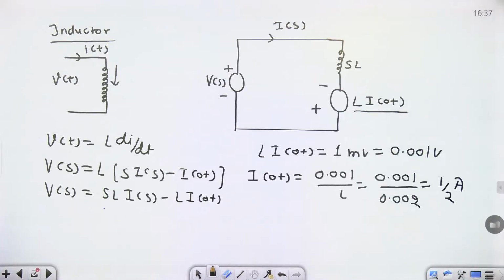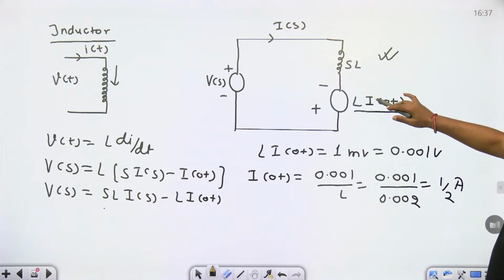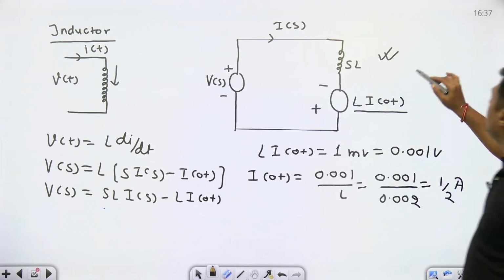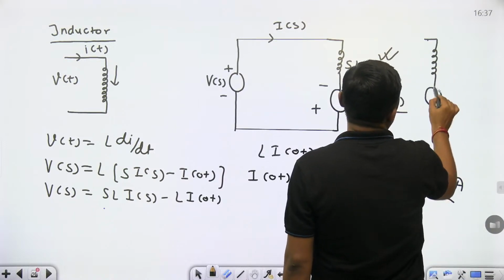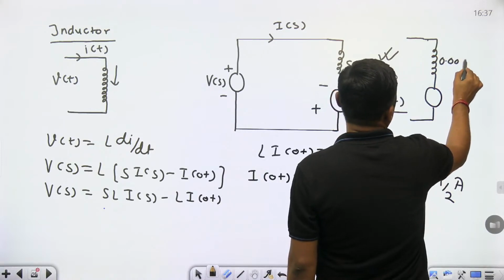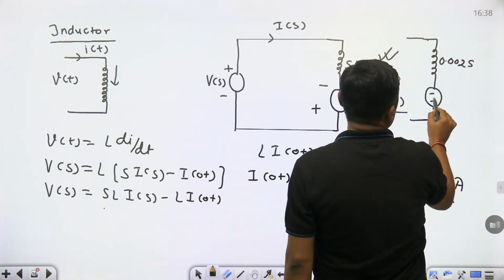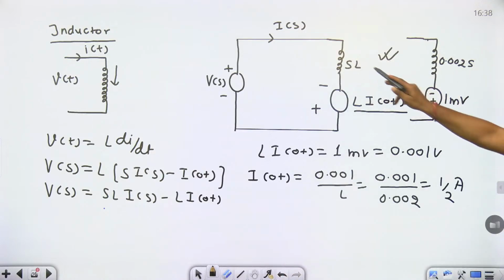So this is the representation of an inductor in the frequency domain. This diagram is given, and that's why we can compare. Let me draw it here too. This is given as 0.002s, and this is given as 1 millivolt. Now you can compare and you will get the idea. From this you will get the value of L, and from this you can get the value of the initial current, which is asked in this question.